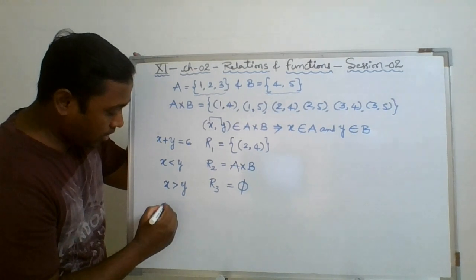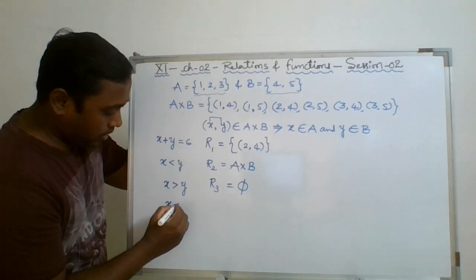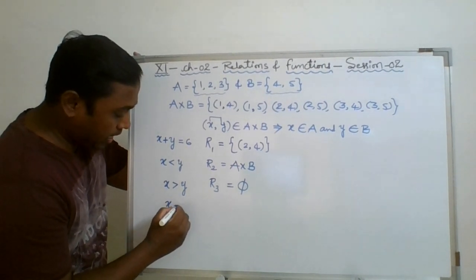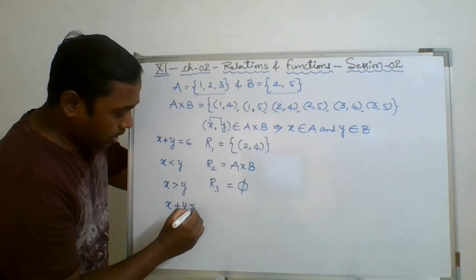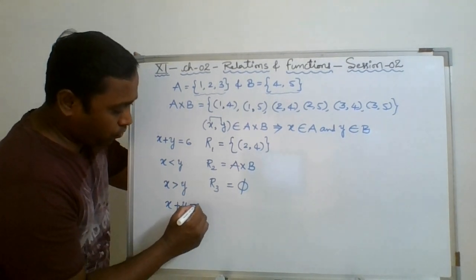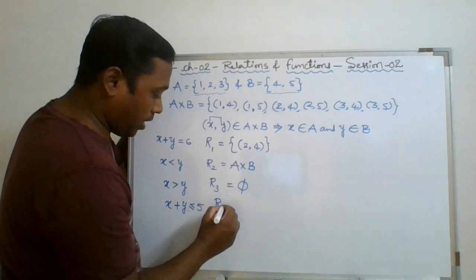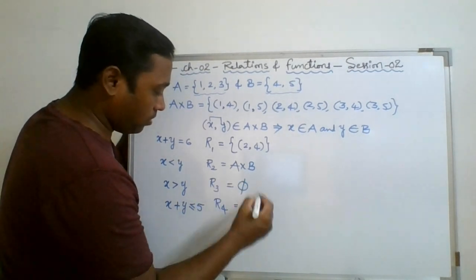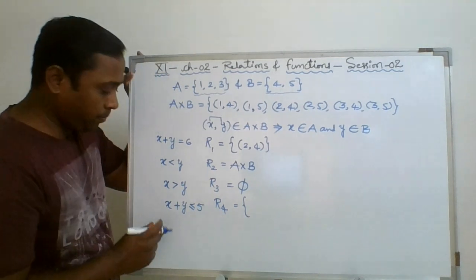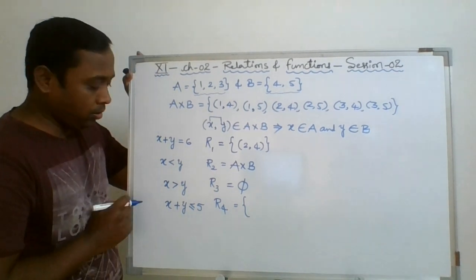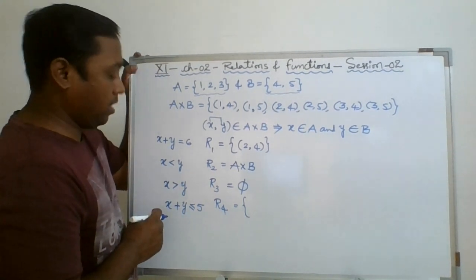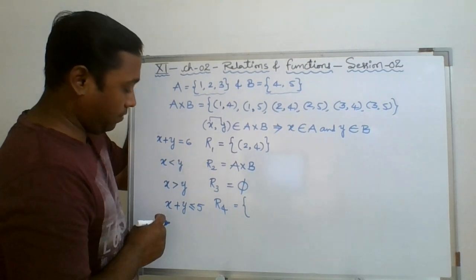Now I am writing x plus y is less than or equal to 5. So you will see that relation R4, the fourth relation, satisfies this condition that x plus y is less than or equal to 5.